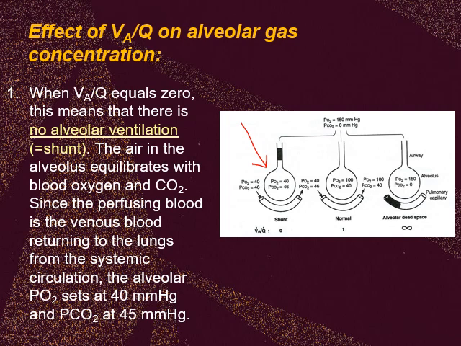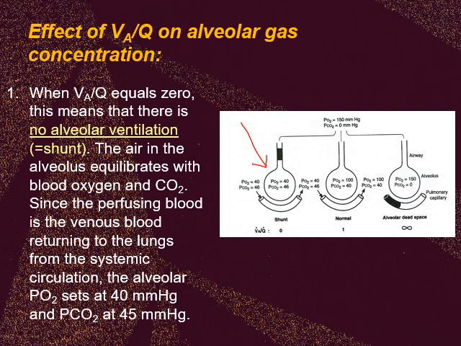If the ratio equals 0, and this occurs when no air reaches the alveoli, this situation leads to shunt formation, as you can see on the right side of the diagram. The air in the alveolus equilibrates with blood oxygen and carbon dioxide.